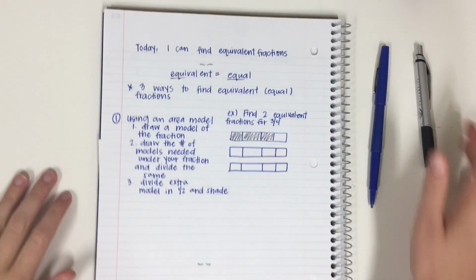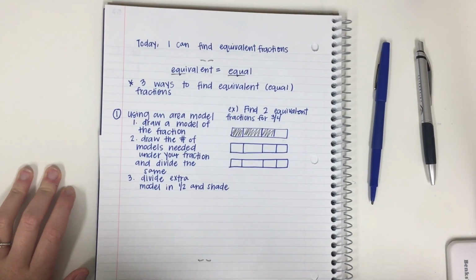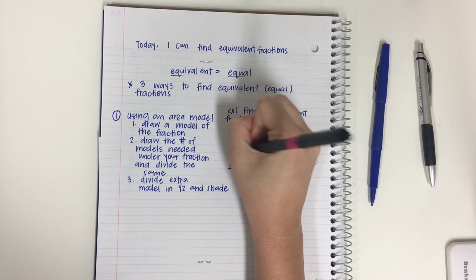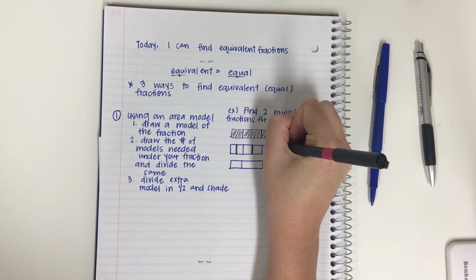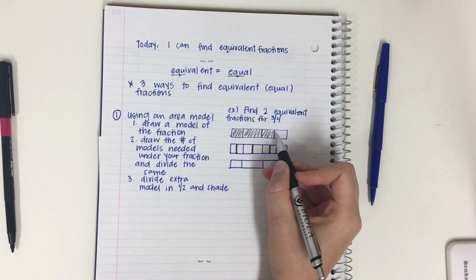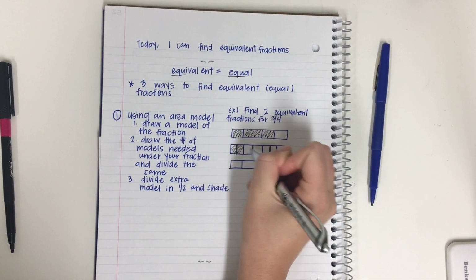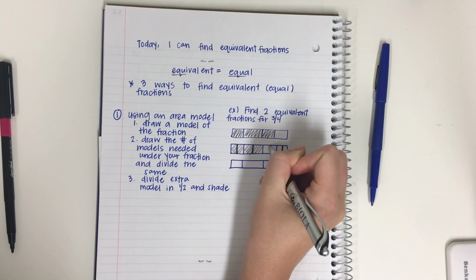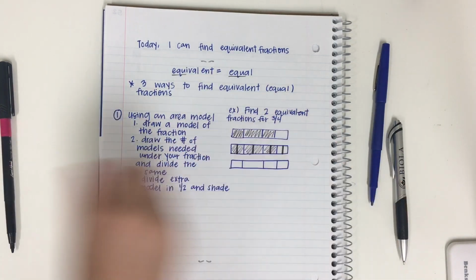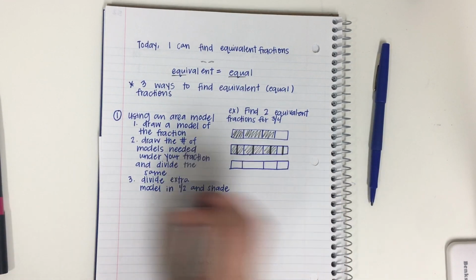I'm gonna get a different color really quick. So I'm gonna divide this in half, this in half, this in half, this in half, and then shade. I'm shading the exact same, so I still need to shade 3 boxes. So I'm going to shade here, shade here, shade here. Okay, so here I have my extra model.